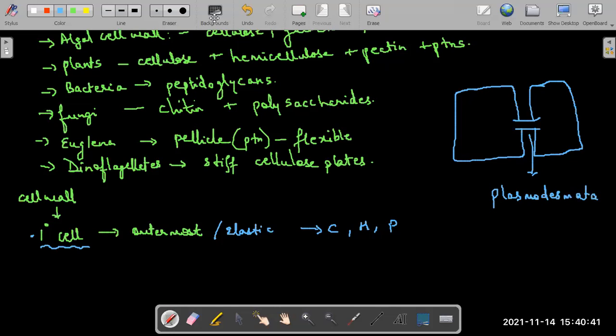Through the plasmodesmata, all the nutrients can pass in and out. For example, if sodium is made here, sodium can pass to the next cell via the plasmodesmatal connections. All right. Coming to the secondary cell wall.